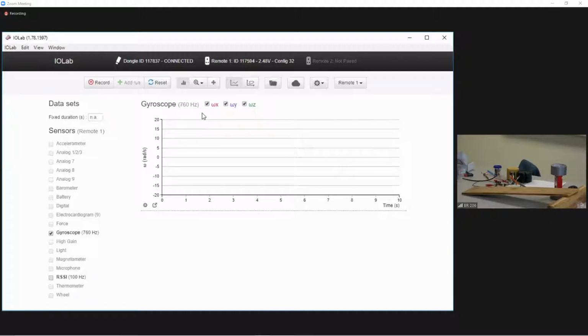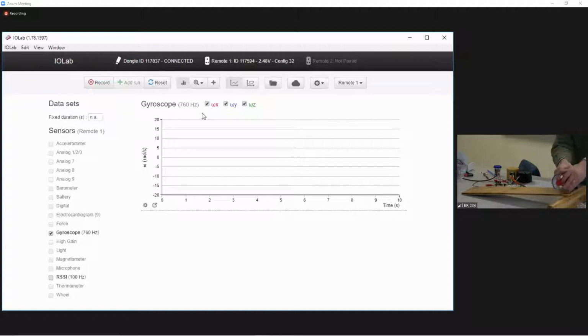Remember, gyroscope is measuring the angular velocities at the point G in the center of the iOLab. But it can measure the angular velocity about any of the three axes, X, Y, and Z, of which there is only one omega we care about.